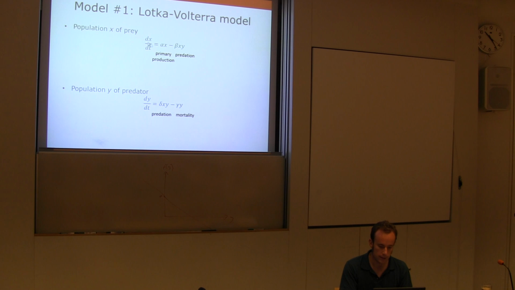I never actually defined this before, but alpha, beta, gamma, and delta, which are these constants, are usually called parameters in dynamical systems. And the initial conditions? I haven't written those on this slide.